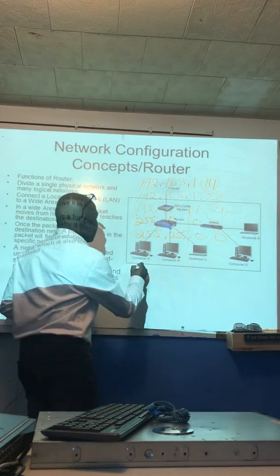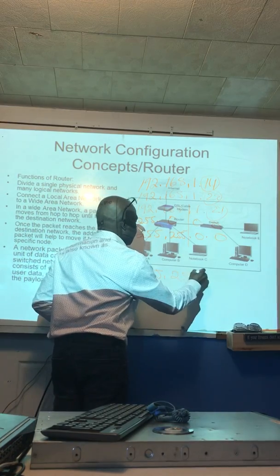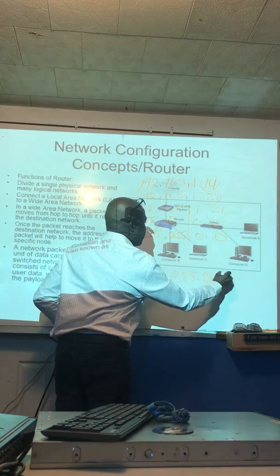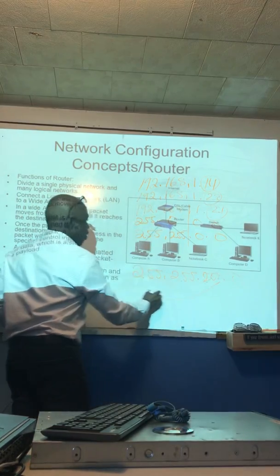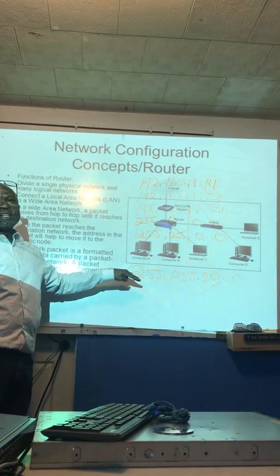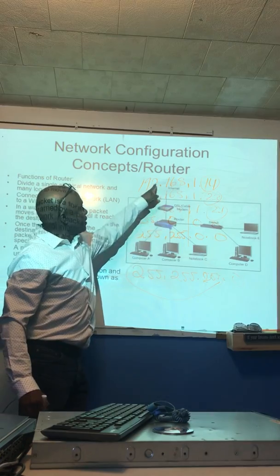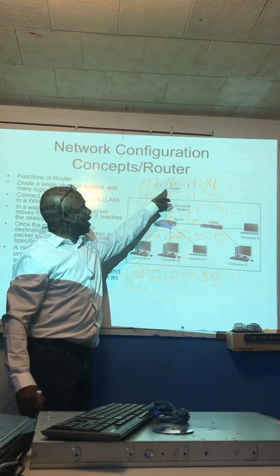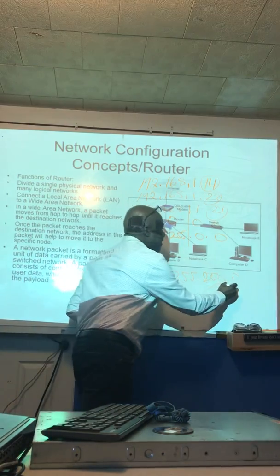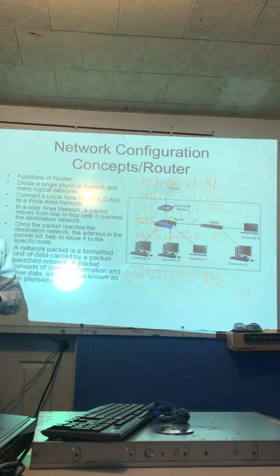If I have a subnet mask that is 255.255.255.0, that means all the first three octets are part of the network ID. In this case, the network ID will be 192.168.1. Because anytime there is a 0, that represents the host ID.